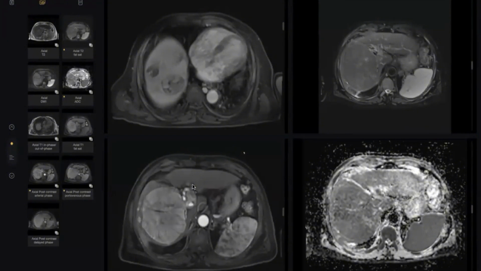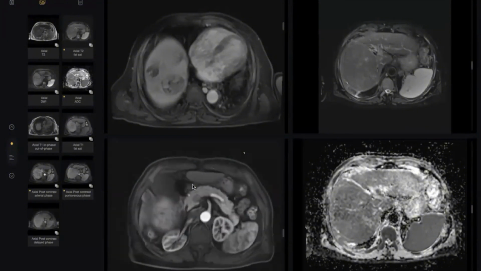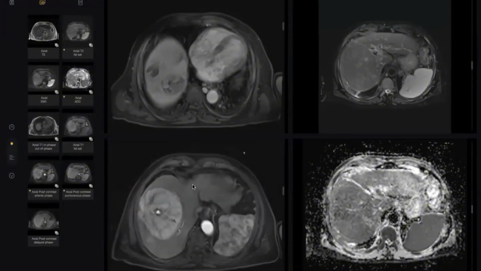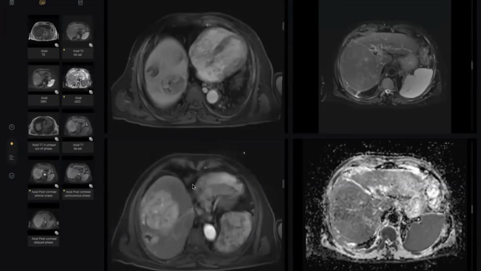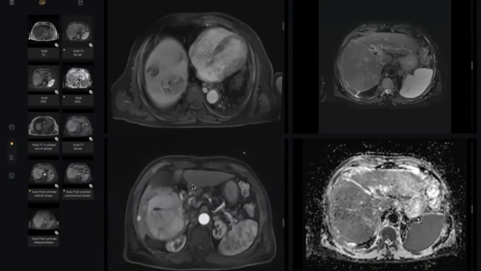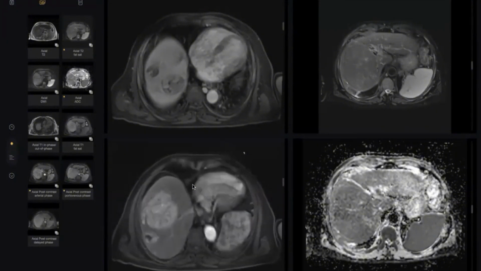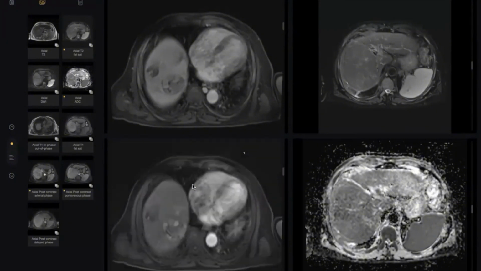Compare these with those. Do you think there is washout, persistent or increasing? This one venous, this is arterial.